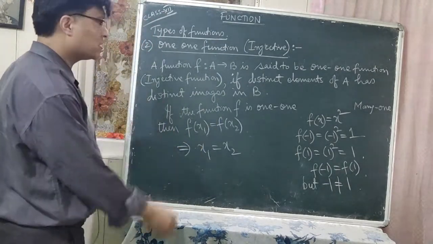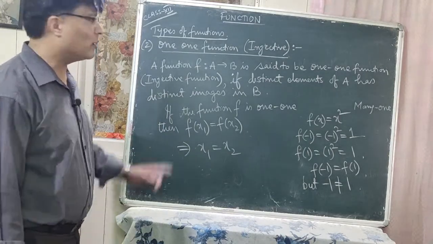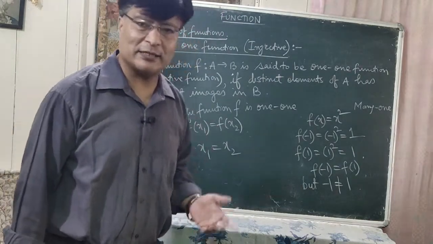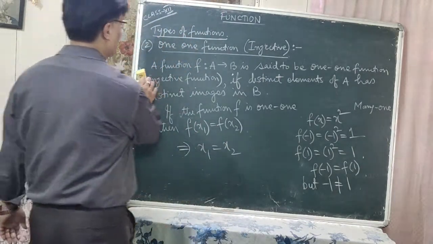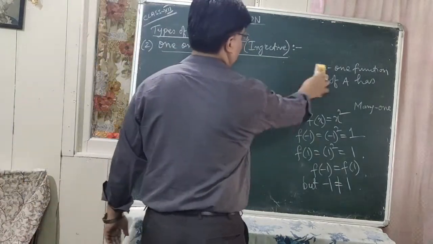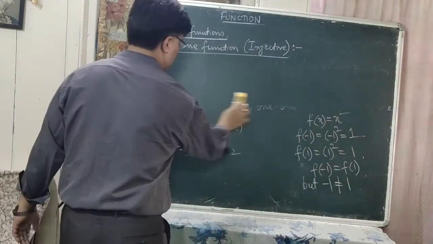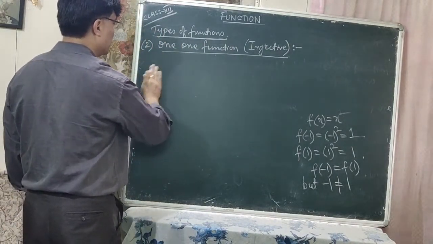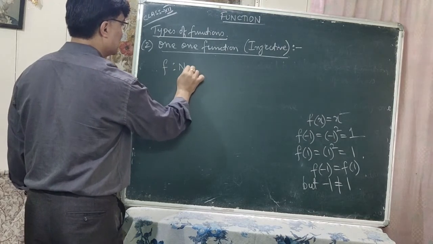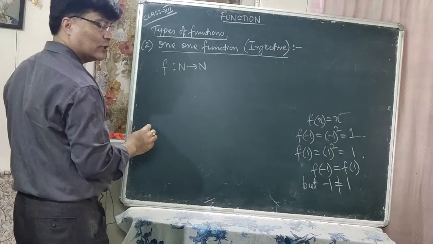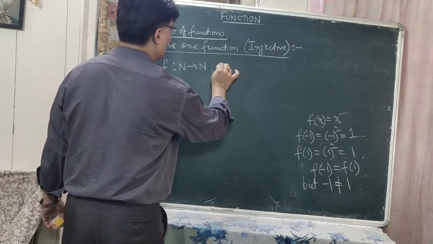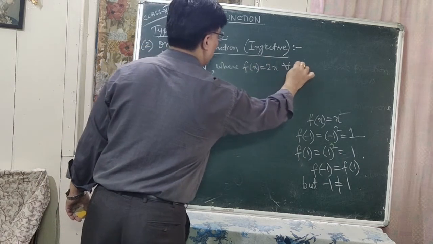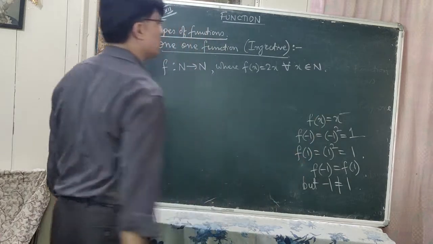So let us take one mathematical example of a one-one function. The example we did earlier, let us prove mathematically that it is a one-one function. Therefore f is a function from N to N, where f of x is equal to 2x for all x belonging to the set of natural numbers.